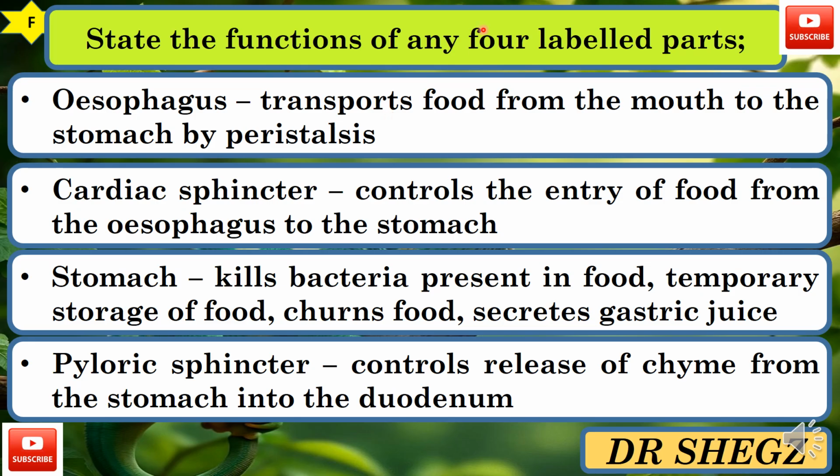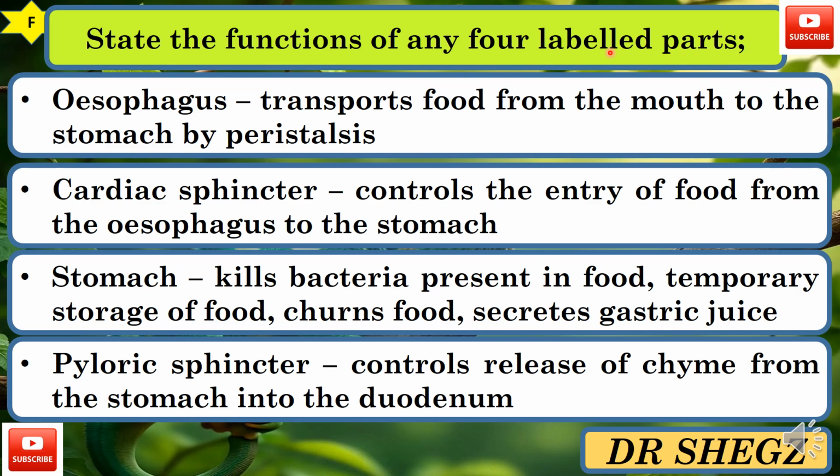Now, state the functions of any four of the labeled parts in that previous diagram. We're supposed to ask this immediately after the diagram. Esophagus transports food from the mouth to the stomach by peristalsis. Remember, esophagus has smooth muscles, so food moves down the esophagus by peristaltic movement. Then the cardiac sphincter controls the entry of food from the esophagus into the stomach.